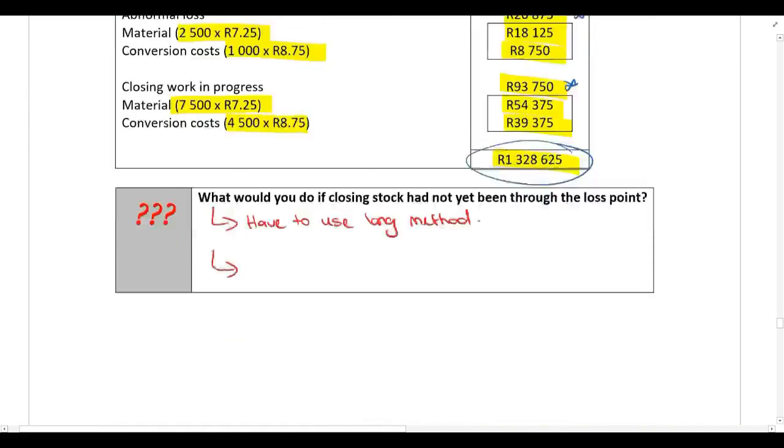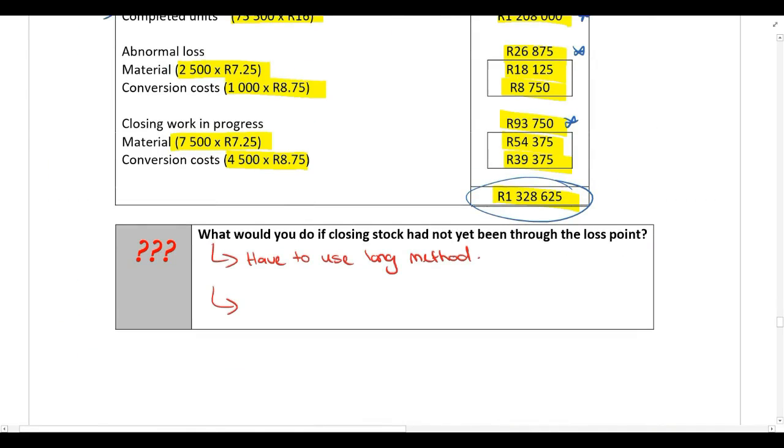So that's the extra thing there. So if closing stock hasn't gone through the loss point, you must use the long method and you don't allocate the normal loss to closing work in process. It will then only be shared between current production and your abnormal loss.